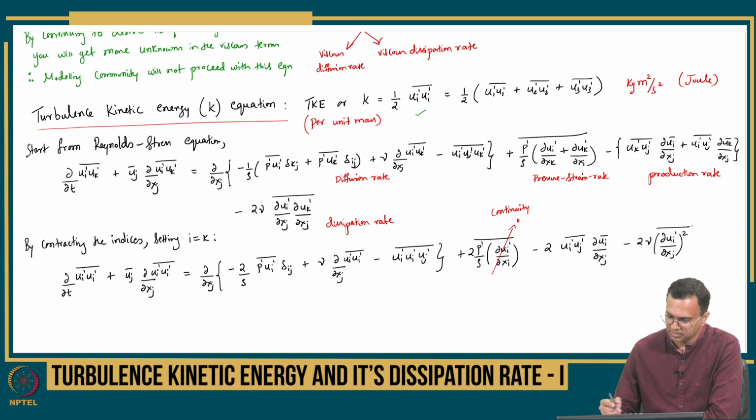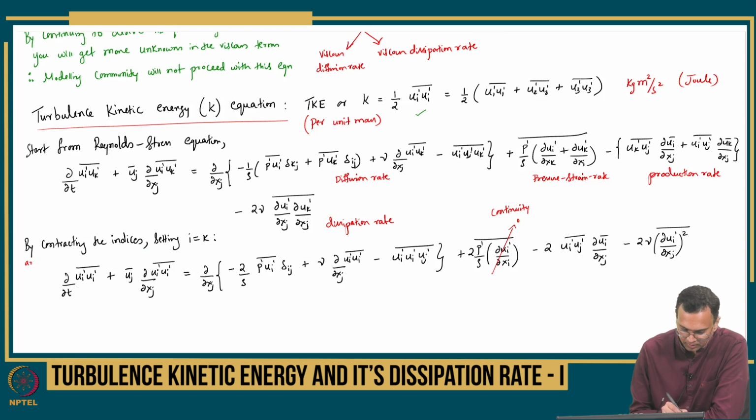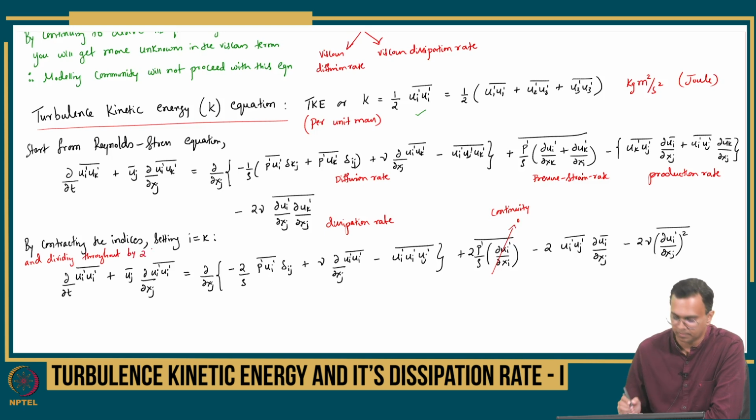Now the definition is that turbulence kinetic energy K is half of ui prime squared averaged, but now I have an equation for twice of that. So let's divide throughout by 2. Setting i equal to K and dividing throughout by 2, each term we divide by 2, so I get half of this.